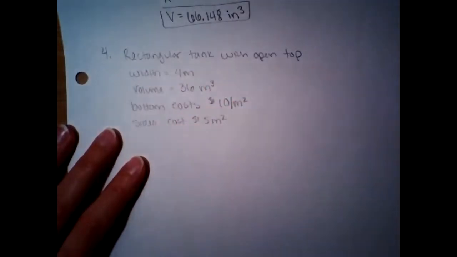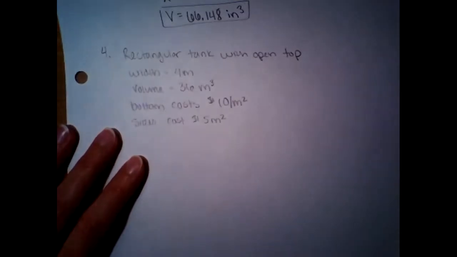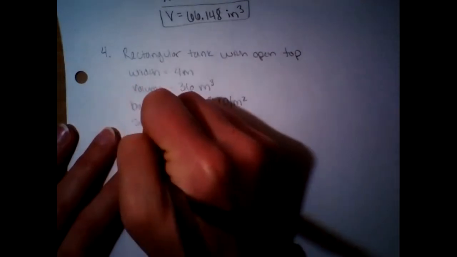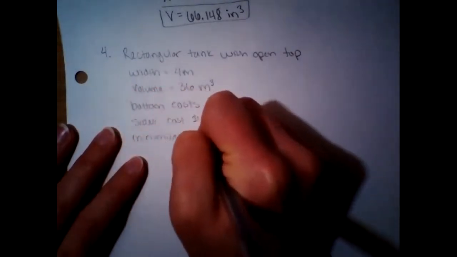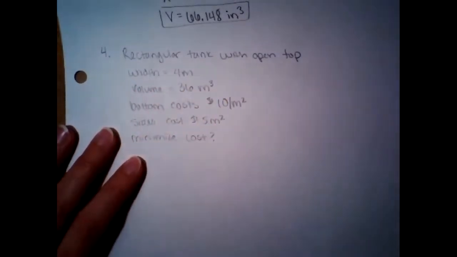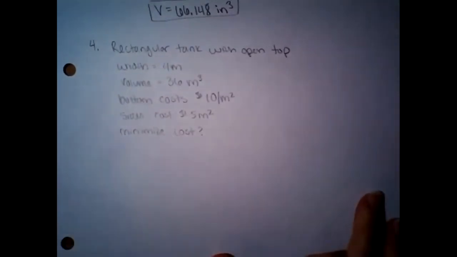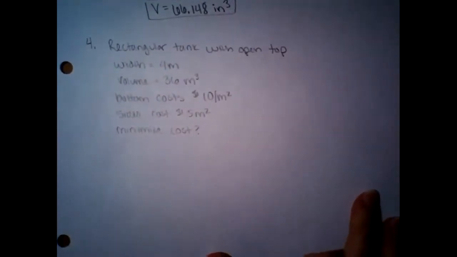So the bottom of it is more expensive. I guess it has to be sturdier than the sides. All right, and we want to minimize the cost. So we want to spend the least amount possible.